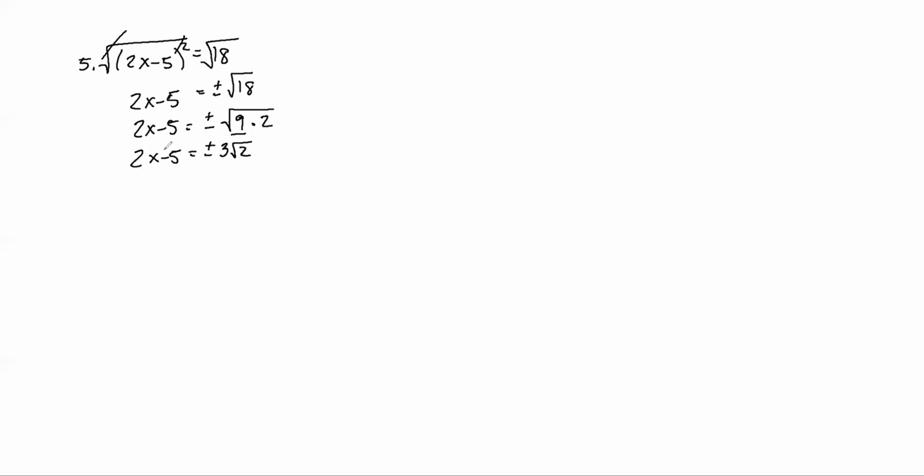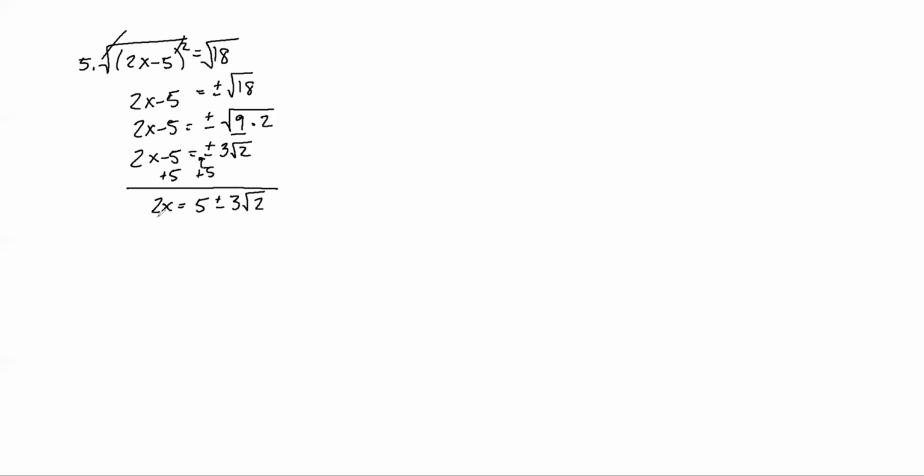But we want to make sure that our x is alone. So first thing we'll do is, like a regular equation, add the 5. So again, I'll put the 5 in the front. So positive 5 plus or minus 3 square root of 2.